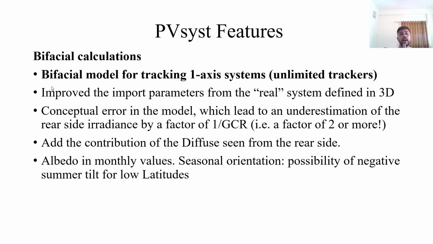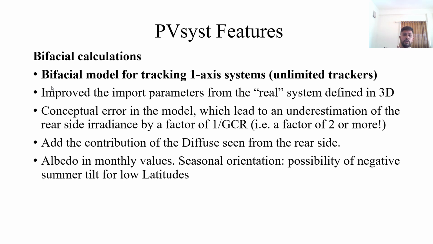In this bifacial model, a one axis tracking system or unlimited trackers is available. This will improve the import of parameters from the real system defined in the 3D design. A conceptual error in the model led to an underestimation of the rear side irradiation by a factor of 1 divided by GCR, that is a factor of 2 or more.